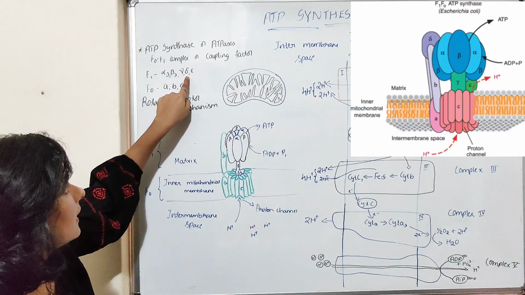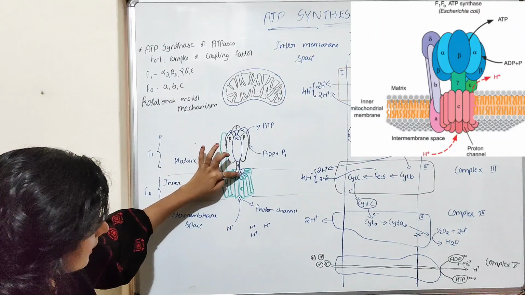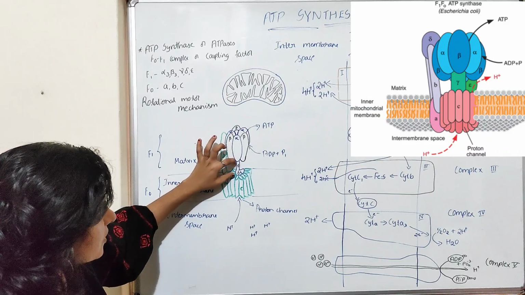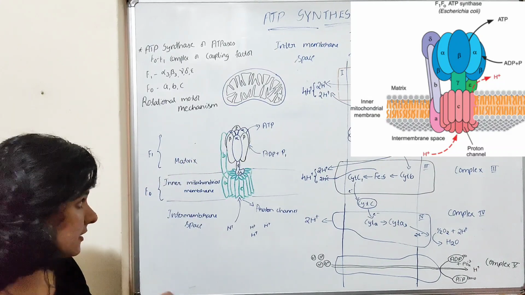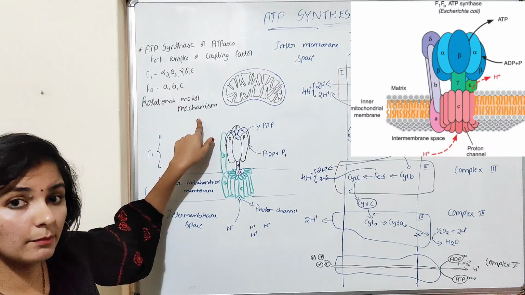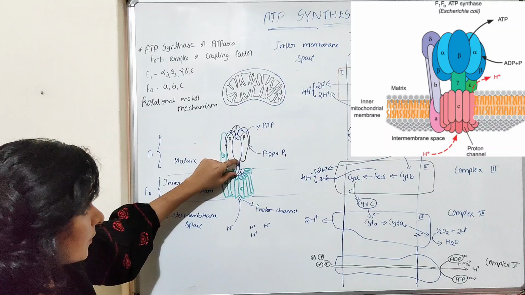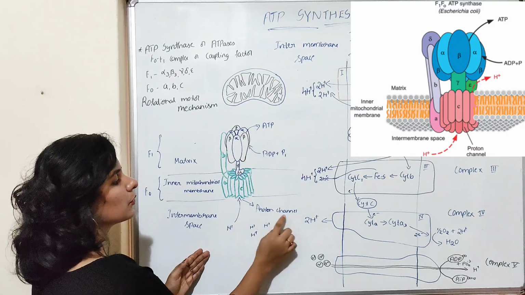Next is gamma, delta and epsilon. As you can see in this diagram, gamma, delta and epsilon form a stalk which connects the F1 and F0 complex, or they make a part of the rotational motor mechanism. This means some part of these subunits will rotate when the proton passes through the proton channel.